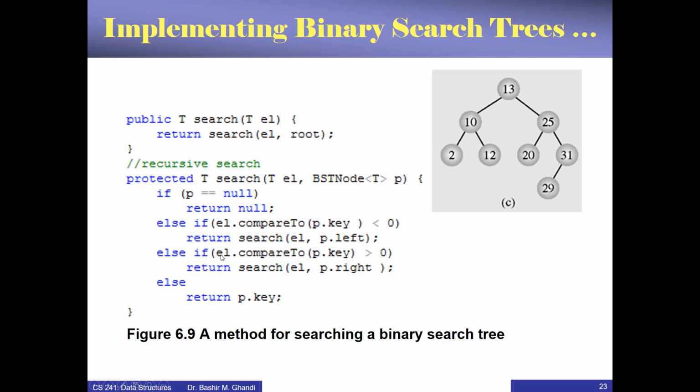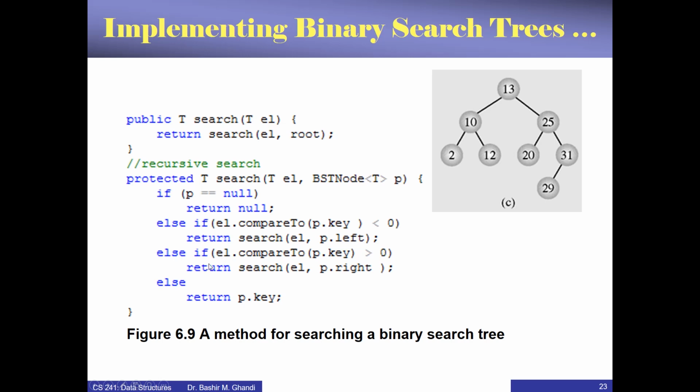On the other hand, if your target compared to P.key is positive, it means your target is greater than P.key. So just repeat the search on the right subtree. And finally, if you see else, so it is not null, target is not less than, target is not greater.